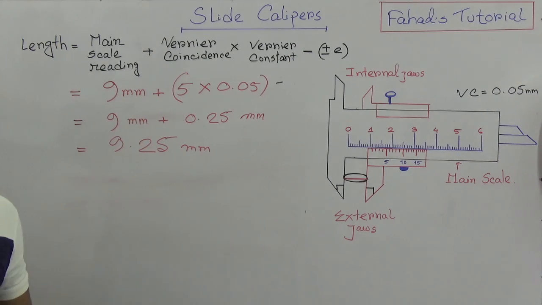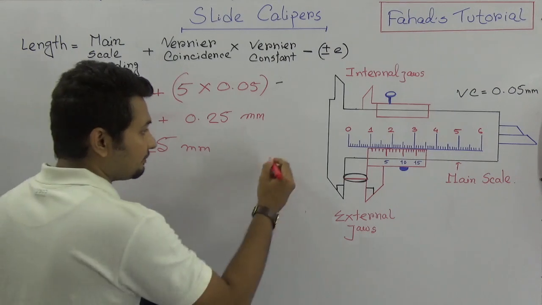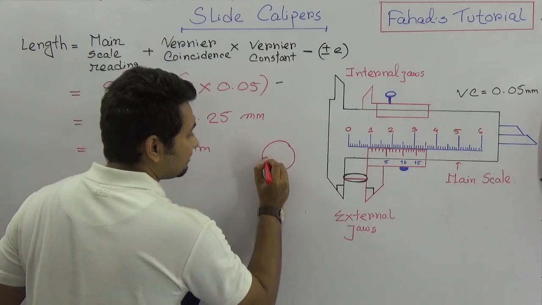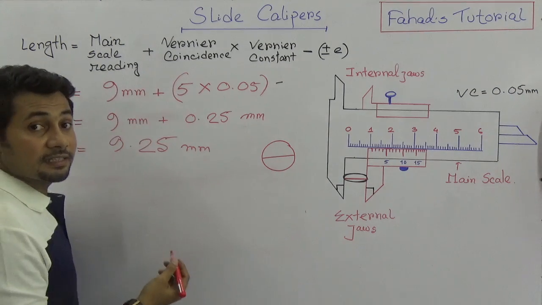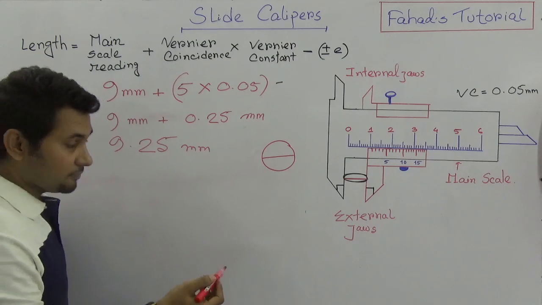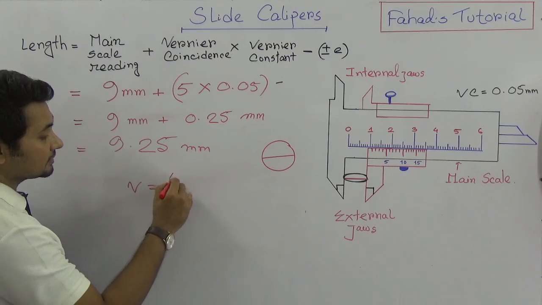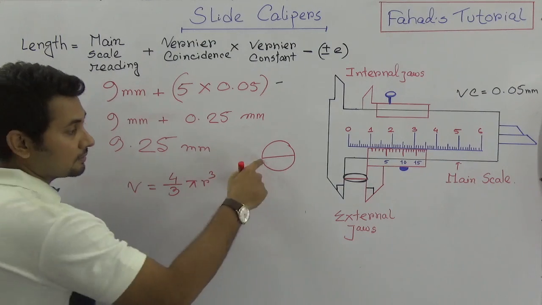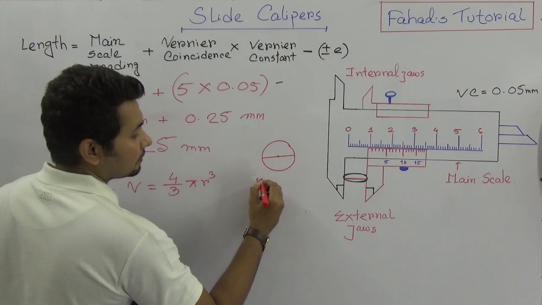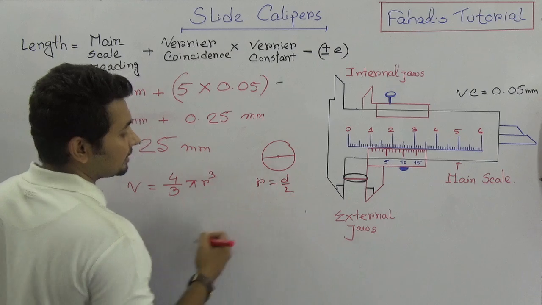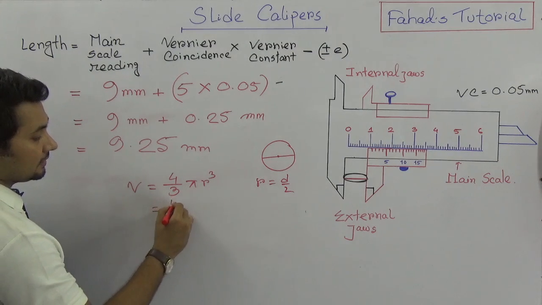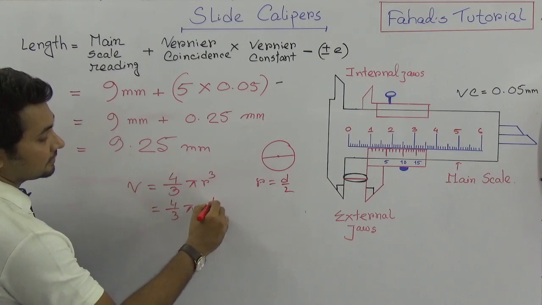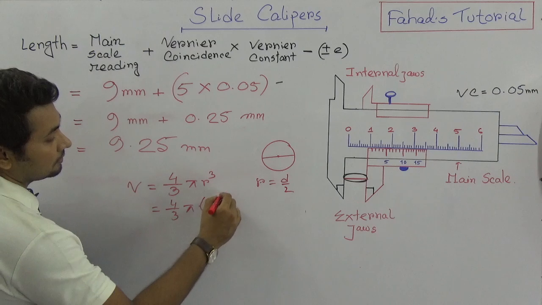Suppose there is a round-shaped thing given to find the diameter, and then it asks to find the volume of it. Then volume is 4 by 3 pi r cube. We know that is diameter, so r is d by 2. So we can say 4 by 3 pi, d by 2 whole cube.